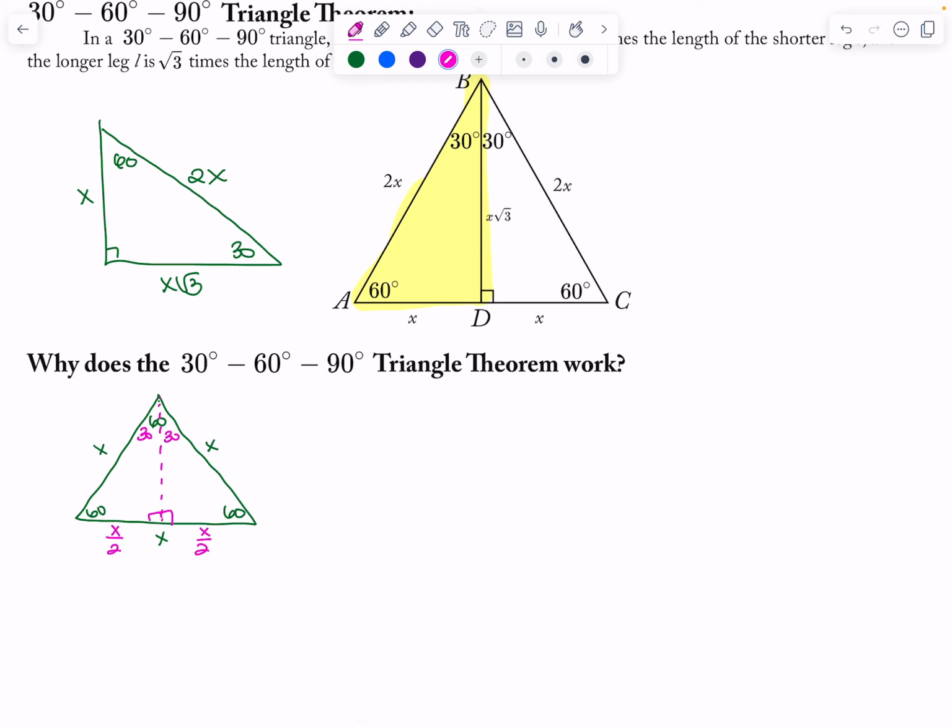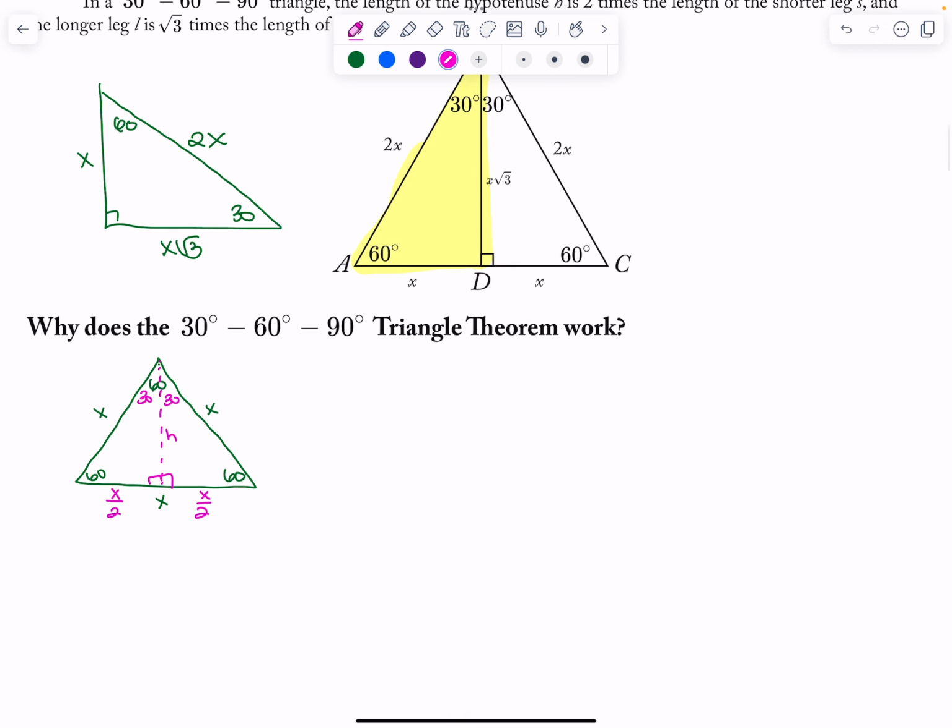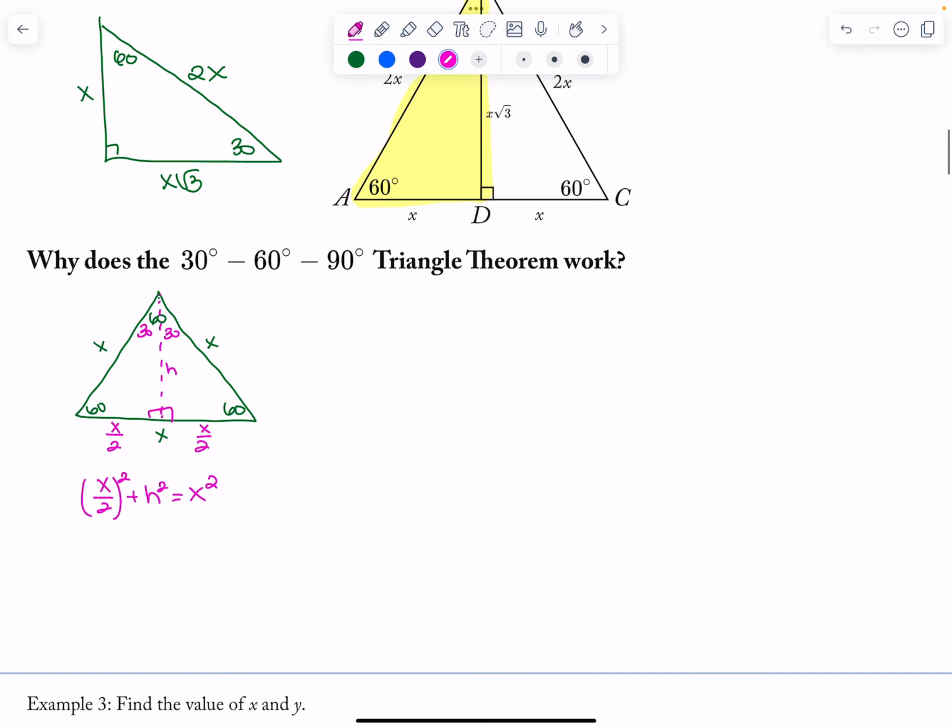Then I can solve for my height, which is my h. So by the Pythagorean theorem, x over 2 squared plus h squared is equal to x squared. So x squared over 4 plus h squared is equal to x squared. Subtract the x squared over 4 to the other side here.